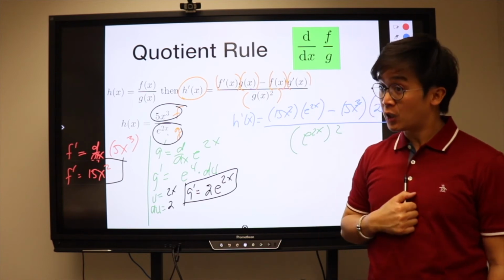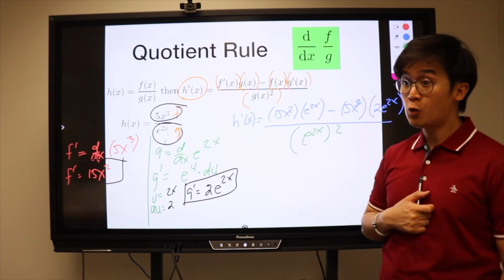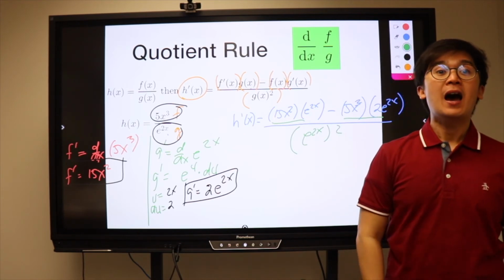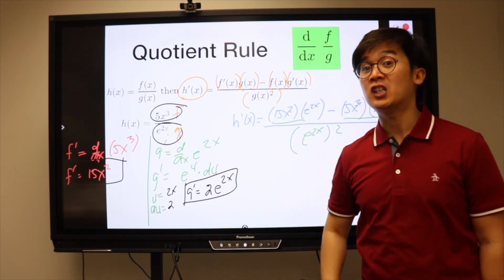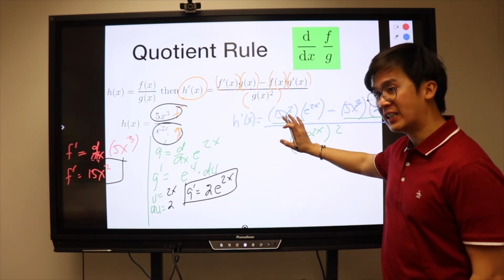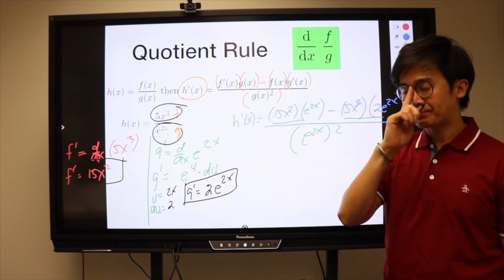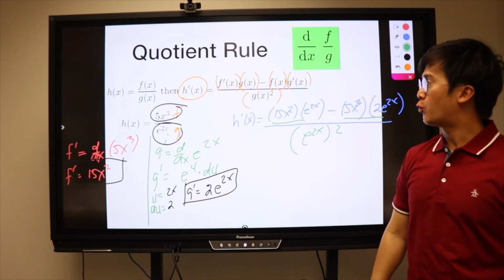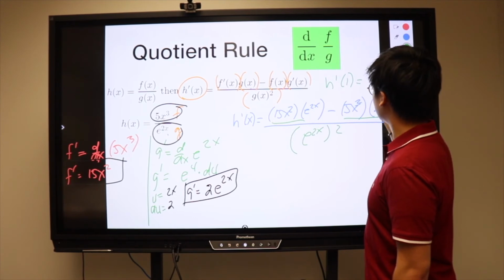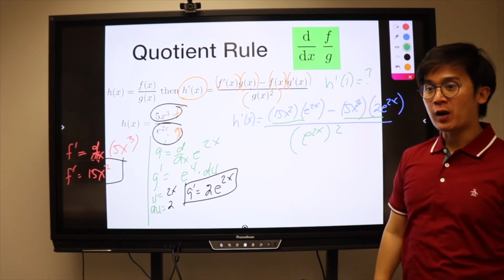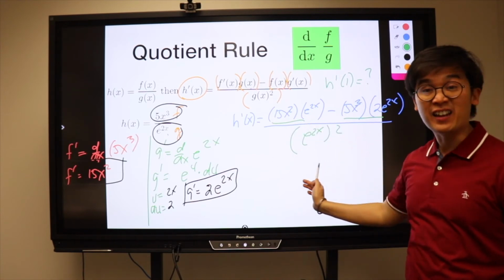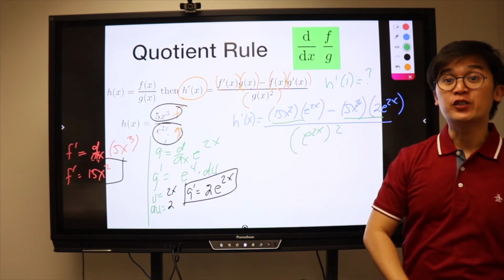Can we make it prettier? Of course. Combine this, and it will be a less cluttered answer. But if you are just starting, leave it like so. Why? Because what if the question is find h prime of 1? How are you going to find h prime of 1? Plug in 1 to every single x in your formula and you'll get your answer.